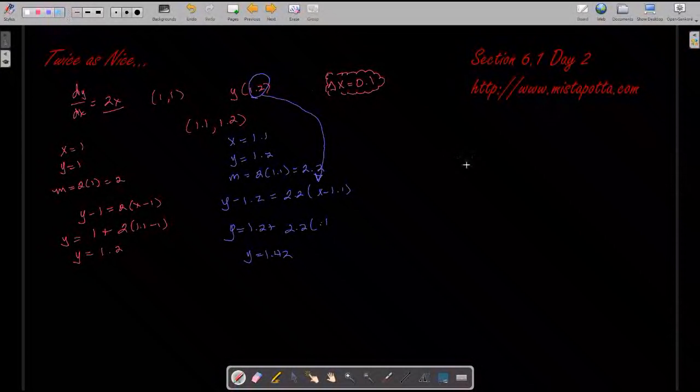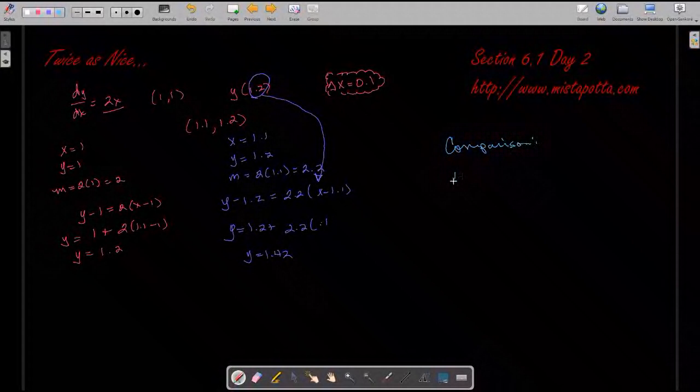Now, I want to do some comparisons here. If I just use one tangent line, then I ended up with a y of 1.2 was approximately 1.4. That's what we just did on the previous screen.